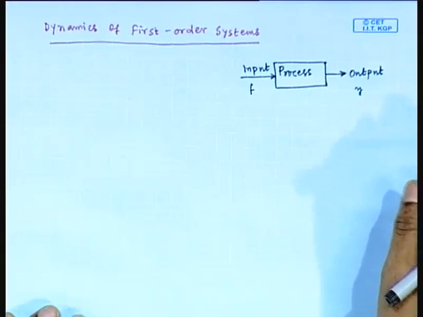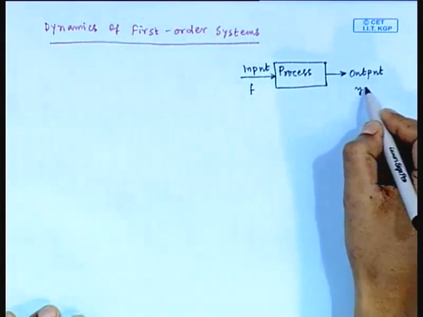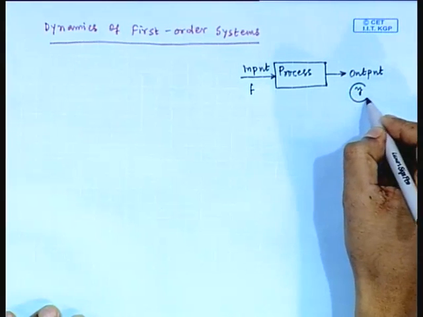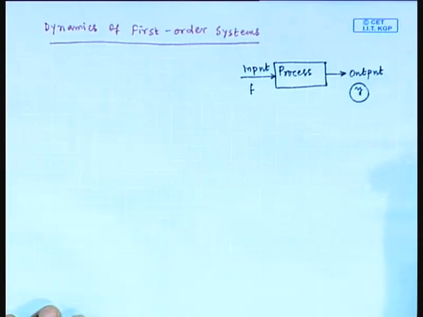Now, first order system is one whose output y is modeled by first order differential equation. Fine. Now, we will consider the linear case, or if a nonlinear equation exists, we need to linearize that equation.